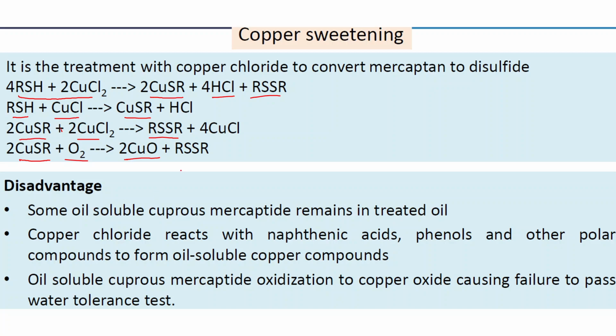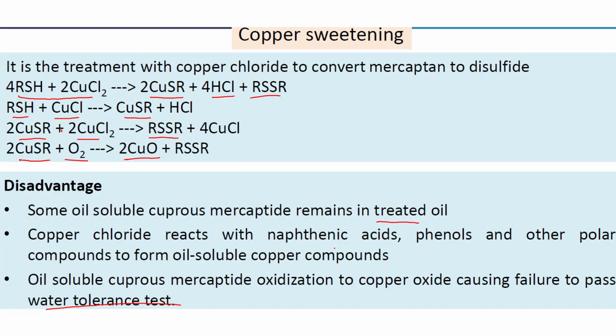Here also the problem is that if we use less copper, then oxidation may take place, leading to the formation of copper oxide, which further leads to failure in the water tolerance test. Sometimes this cuprous mercaptide, which is oil soluble, also remains in the treated oil. That is a problem.